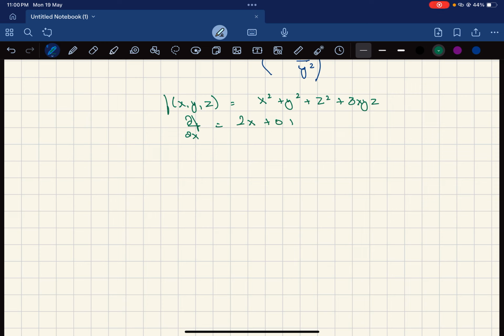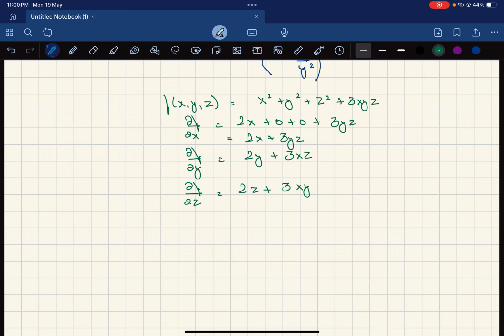So we have 0, 0, and then plus 3yz. So we are left with 2x plus 3yz. Similarly, we can easily find the other derivatives using the same method. So we'll have 2y plus 3xz and 2z plus 3xy. So this is how we compute the partial derivatives of functions in multiple variables.